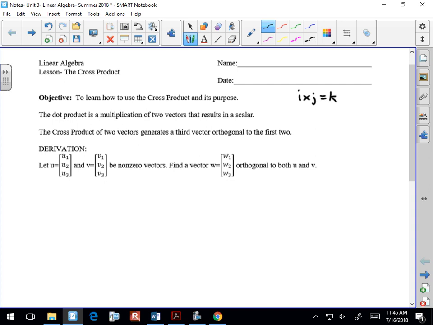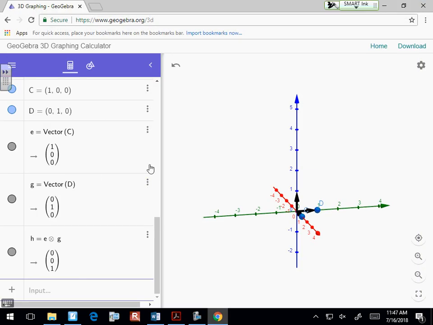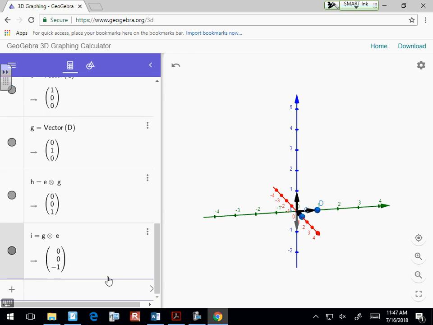So if I'm going the other way, if I'm crossing J with I, that would be going downward.